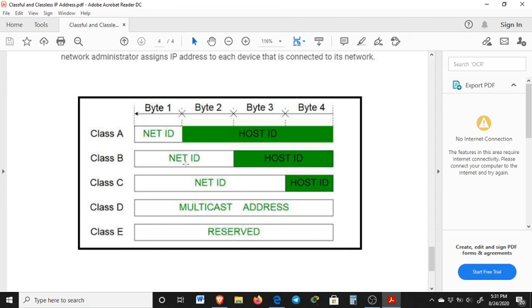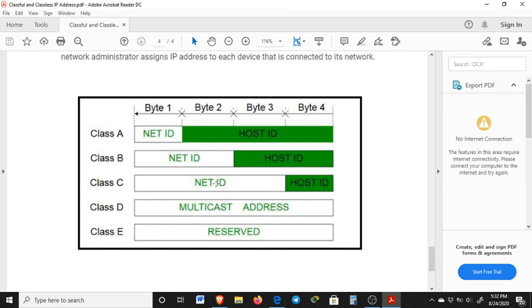And then in class B, they are equal, 16 by 16. The first 16 bits represent the network ID, and the next 16 represent the host ID. Now, class C has many networks but few hosts in each network.